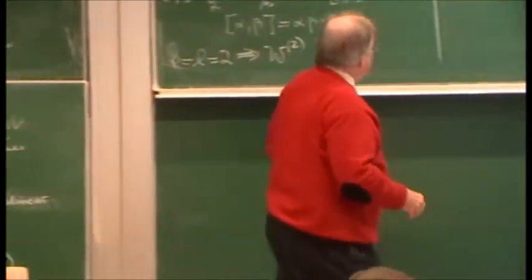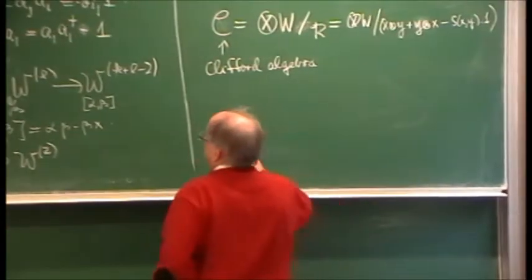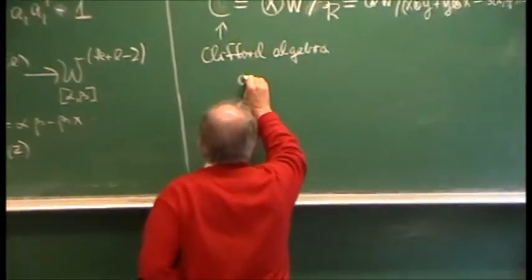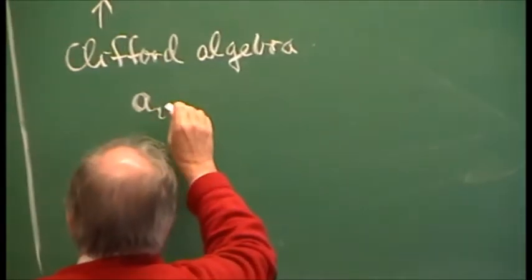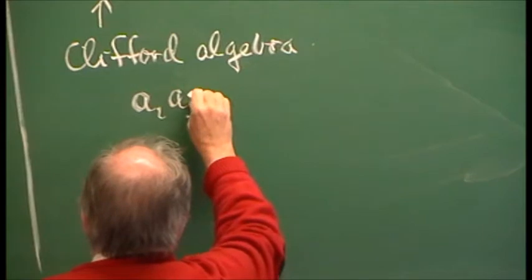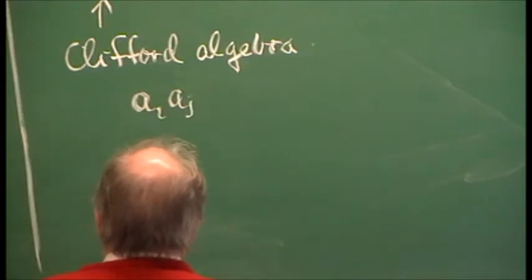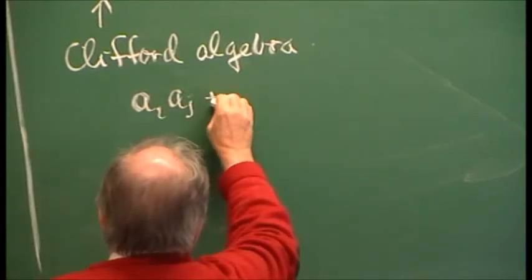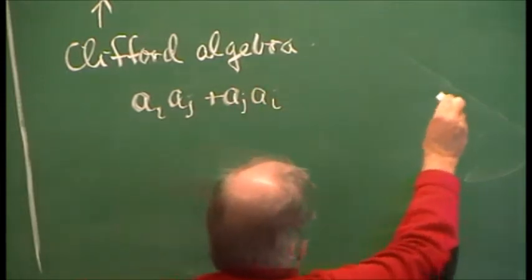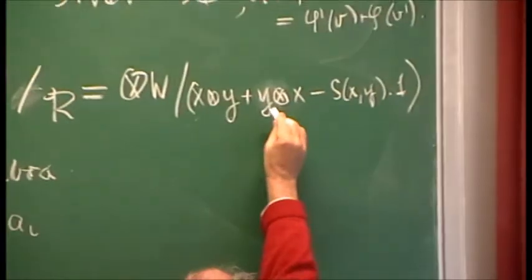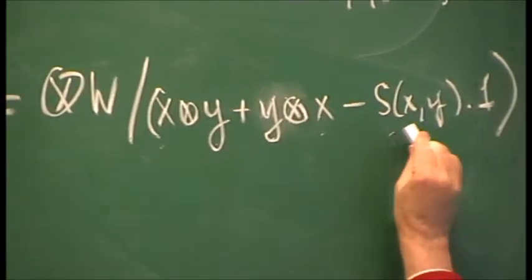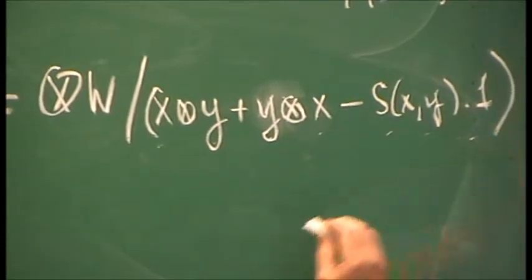Okay. So let's see what happens with our basis stuff here. So what it says is that a_i a_j plus a_j a_i, right? x tensor y plus y tensor x is equal to s of x, y times 1.